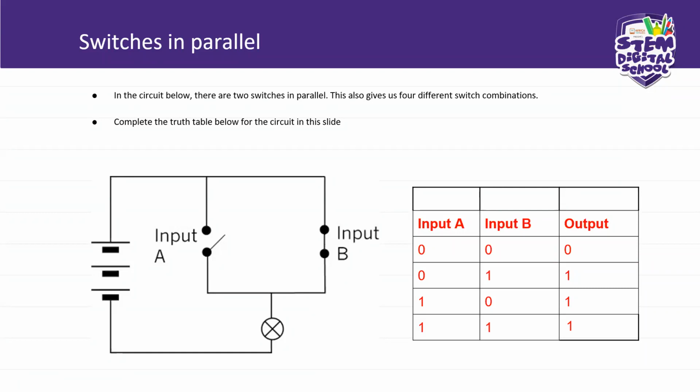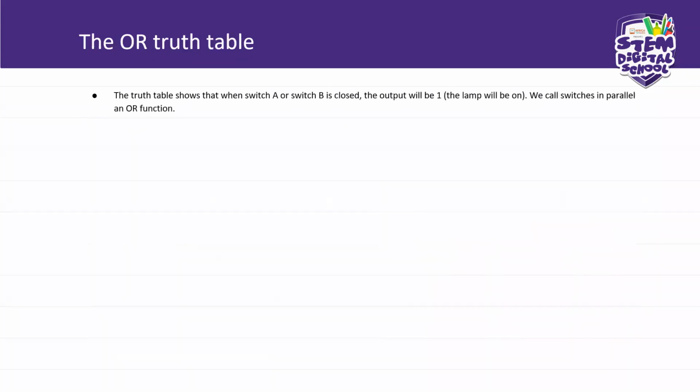So this is the truth table. So now we know that in parallel connection of switches, we only need one switch to be on, and then we'll have an output. Okay. In this case, the output is the lamp. It can be a buzzer.